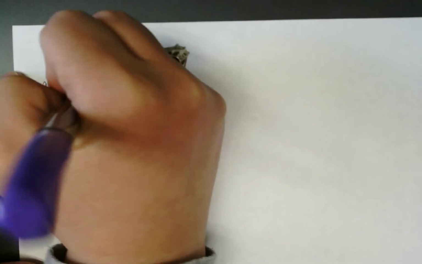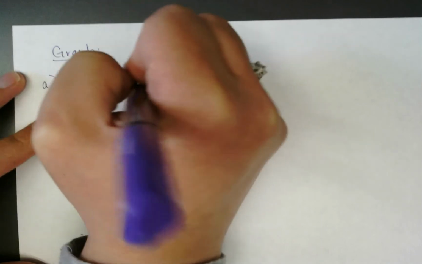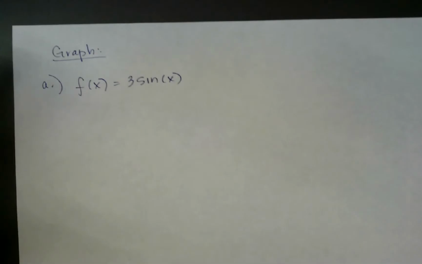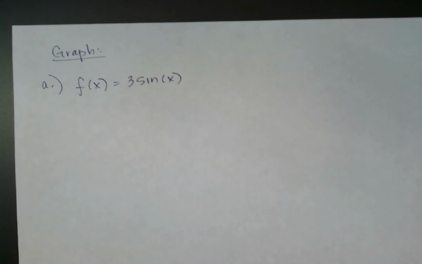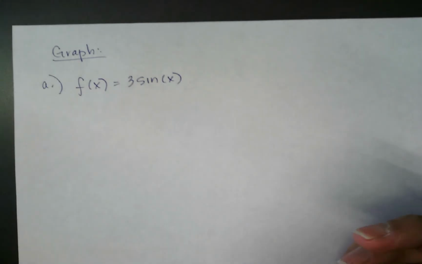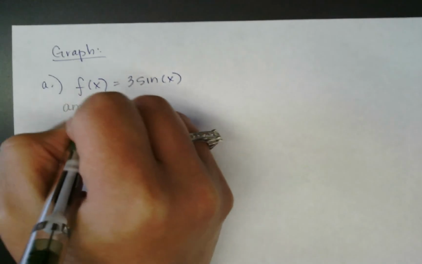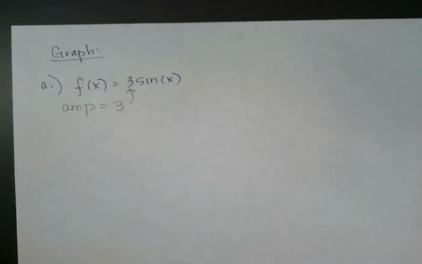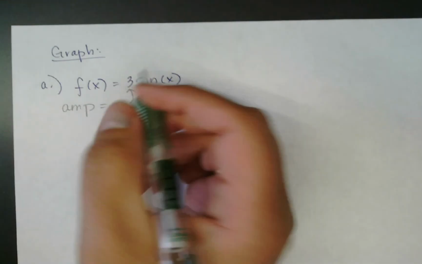So, graph A: f of x equals 3 sine of x. Before, in that first example, we plotted points. We're not plotting points now; we're going to use all the information we know about sine and cosine. This 3 is your amp. Your amp equals 3, regardless of whether it's positive or negative, and that tells us our highest and lowest points.